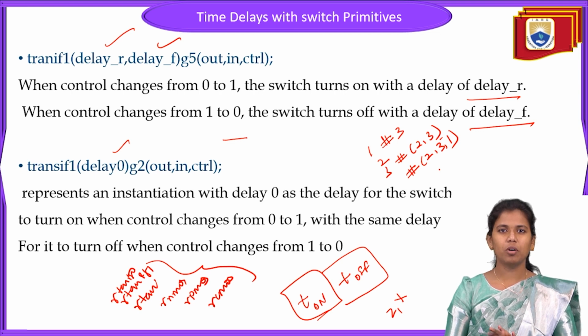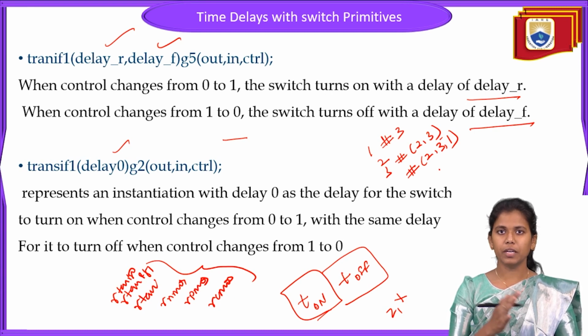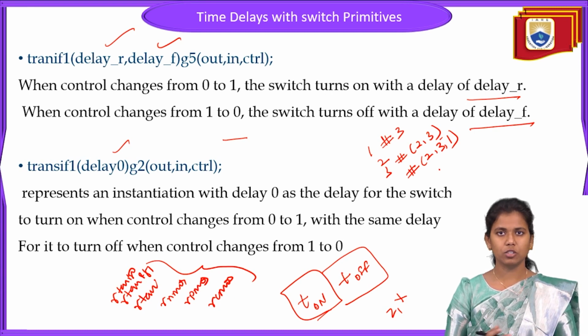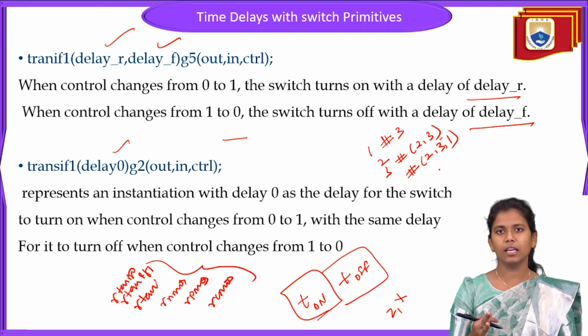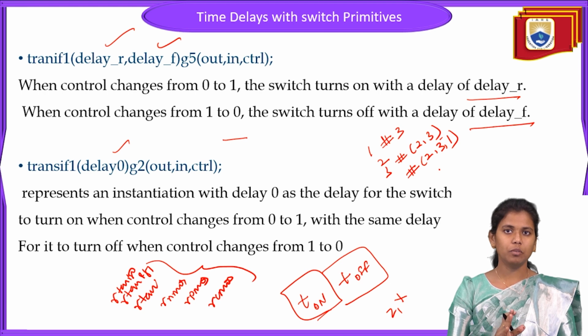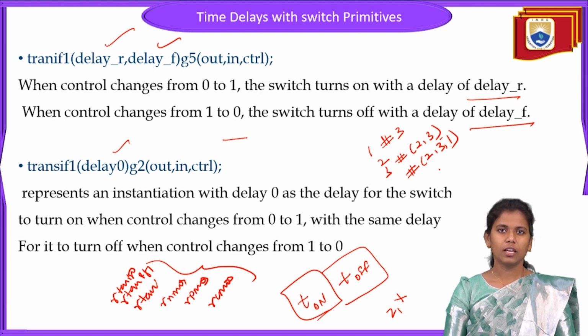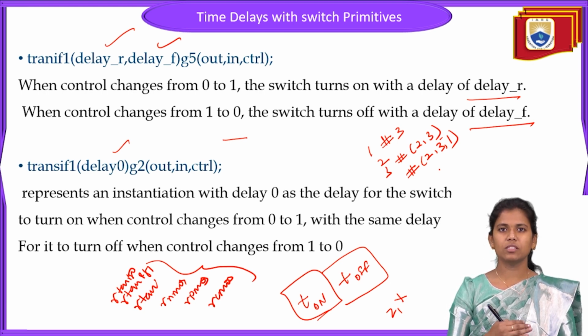So the main important thing to be remembered in this particular presentation is, in the switch primitives, when you compare the normal switch and the bidirectional switch, in the normal switch we can observe the delay present in terms of 3 time constraints: rise time, fall time, and turn off delay. But in the bidirectional switches, the transition takes place only in 2 states, that is turn on and turn off. So we all know what turn on and turn off times are.